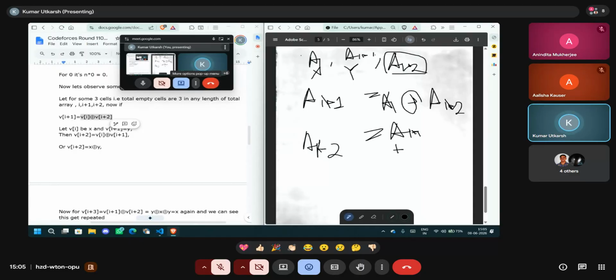So it's simply nothing but A of I plus 1 XOR A of I. Right. So V of I plus 2 is the XOR of this X and Y. So it will be X XOR Y.